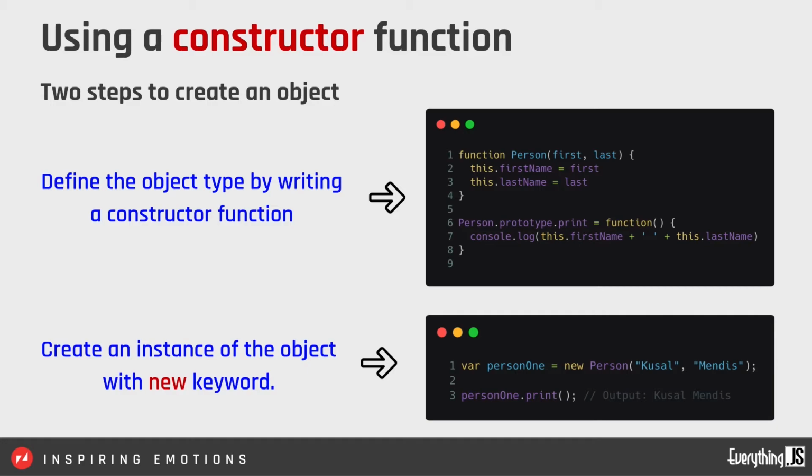prototype. So prototype is a special object within whatever the class. Here we have a constructor function. When you look at this particular function, it has this dot first name and this dot last name. Whenever you create a function, you can new up a function.